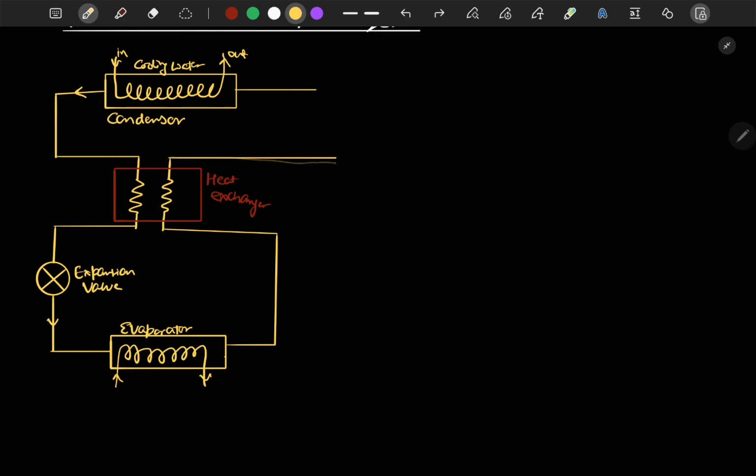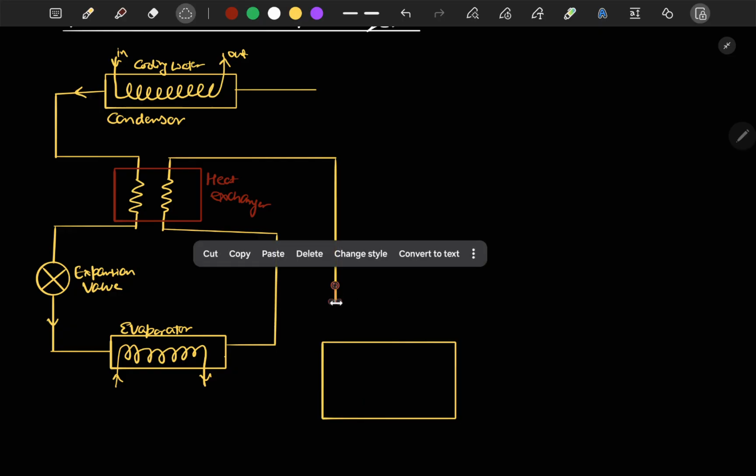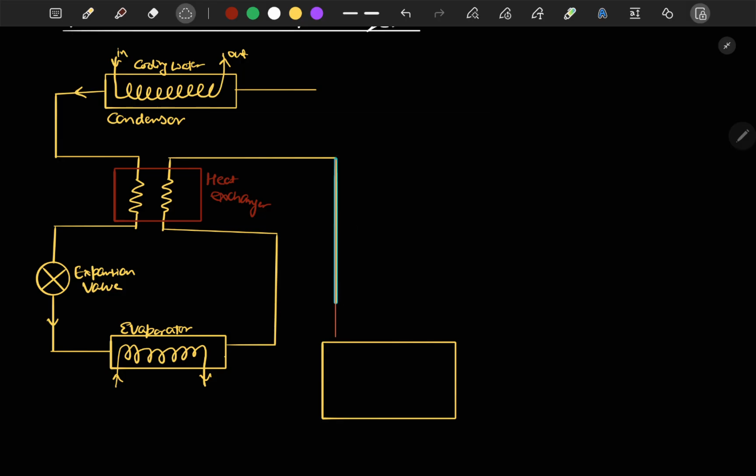Now this will be supplied to our absorber. Let's say it enters the heat exchanger, and after that enters the throttling valve.